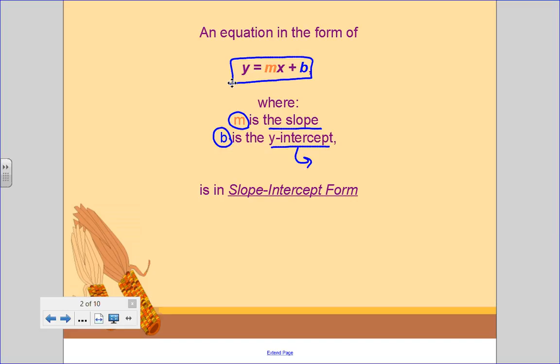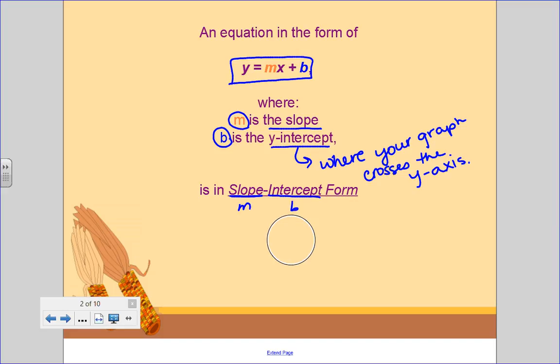The y-intercept is where your graph crosses the y-axis, and we have found x and y intercepts before, so slope-intercept form specifically uses your y-intercept. I want you to notice how this form is named. It is made up of our slope and our y-intercept, our b, so m and b.